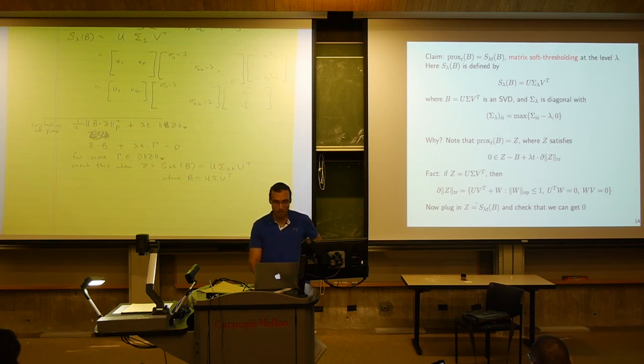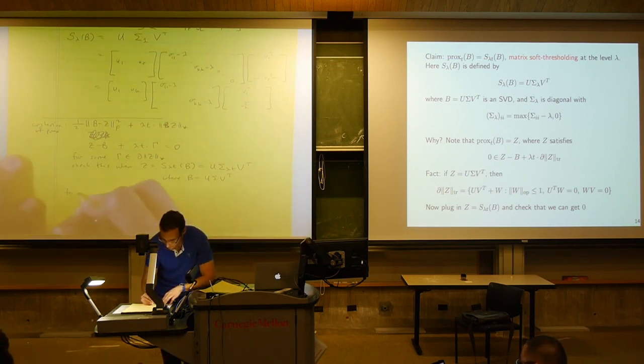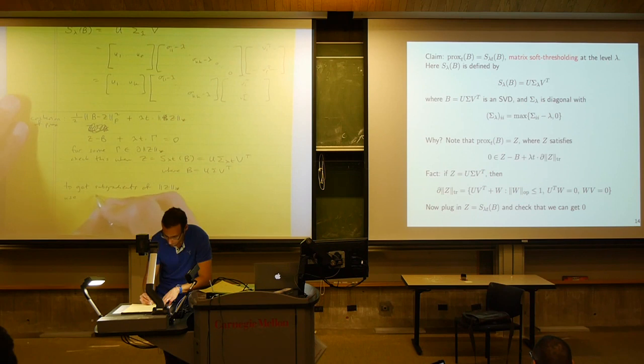So one way to see this, the way we have you prove it on the homework, is to use the fact that, to get subgradients of, say, the trace norm, you can use the fact that the trace norm and the operator norm are duals. Something that is kind of a handy fact from matrix analysis.